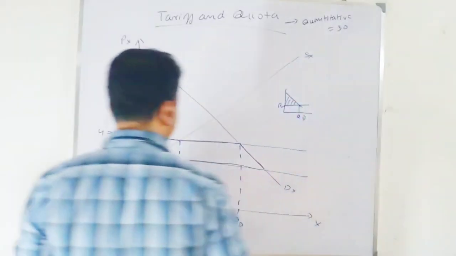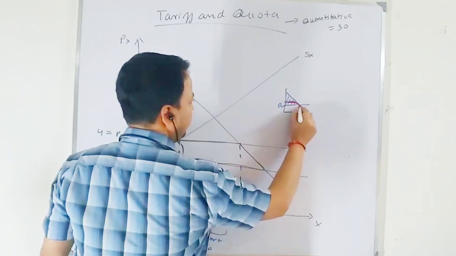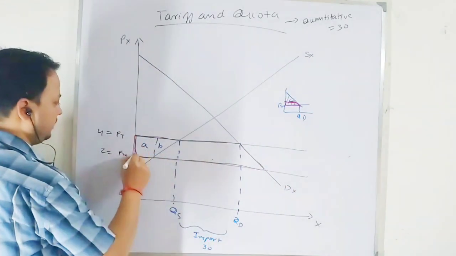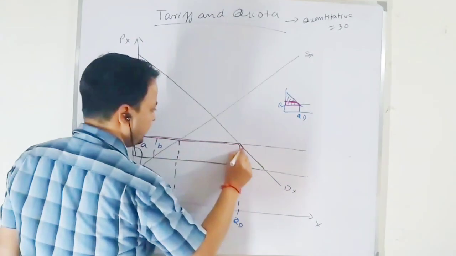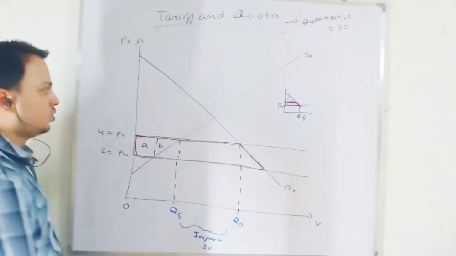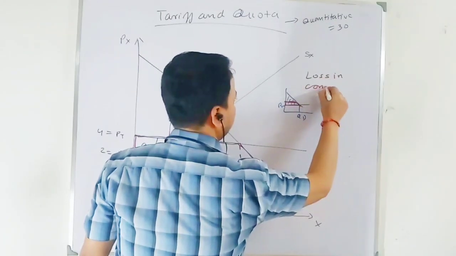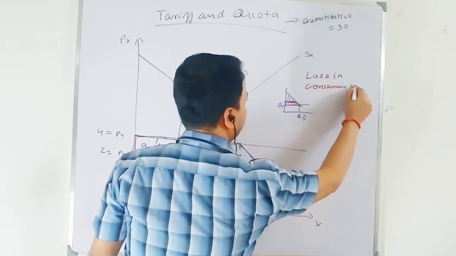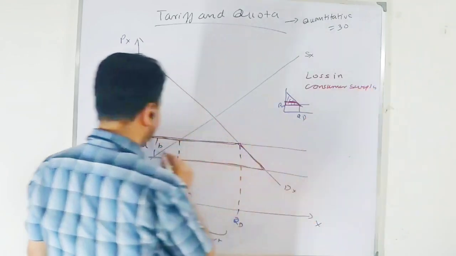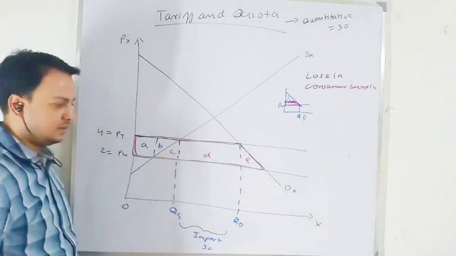So once I put tariff, this area is nothing but this area. So this is loss in consumer surplus on this area. So my loss in consumer surplus is this A, B, C, D, E.